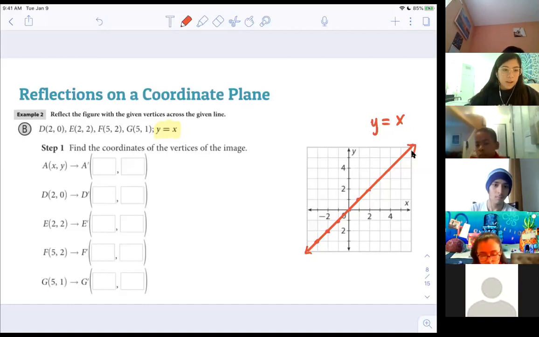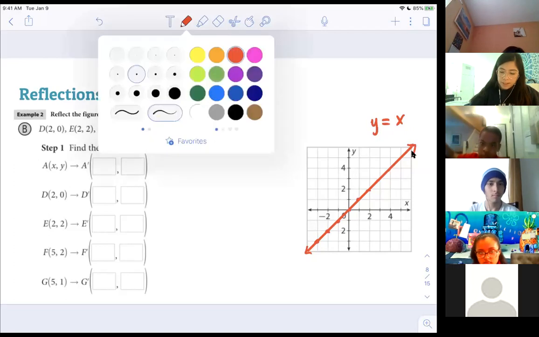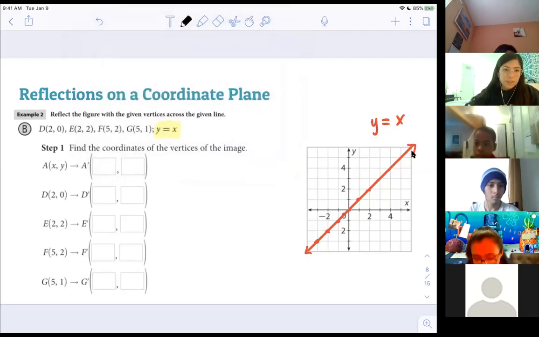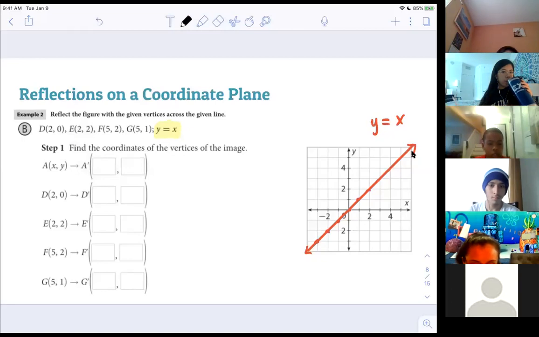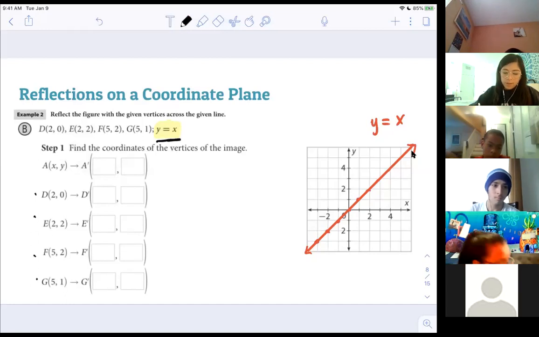And what happens, who wrote it? Let's see, Daniel, what happens when you reflect across this line? What should I do to each of my coordinate points? Make sure to unmute yourself. You can look in your notes. We wrote it down. What was the question? I'm going to reflect all of these points, D, E, F, and G. I want to know what I need to do with them in order to reflect them over y equals x.